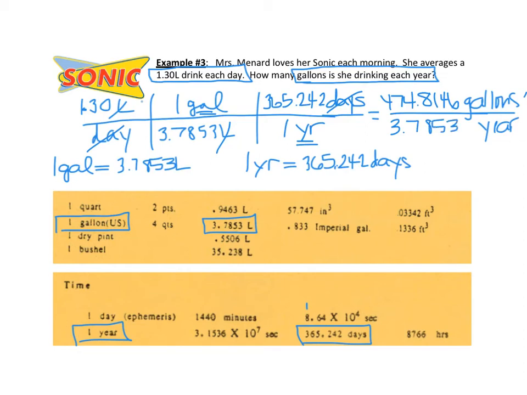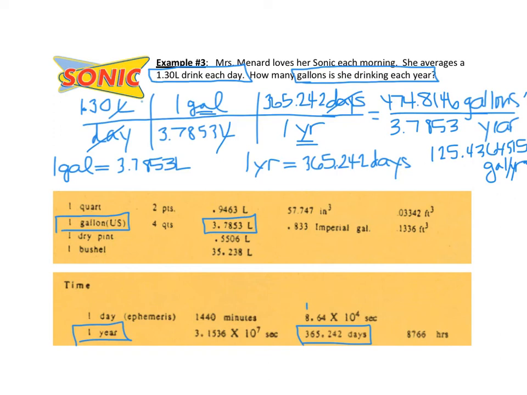So now I can divide the top by the bottom, and my calculator tells me 125.43645515 gallons per year.